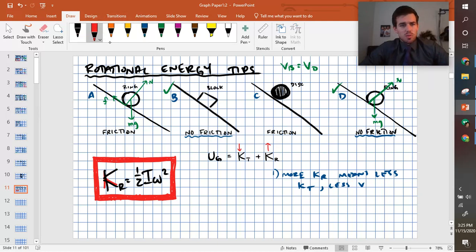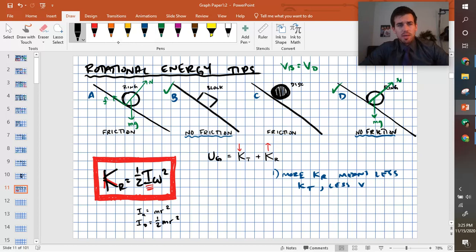So looking at it real quick, notice that we have this term here, which is the rotational inertia. So let's talk about the rotational inertia of a ring versus a disk. A ring has a rotational inertia of mr squared. And for a disk, it is 1/2 mr squared.